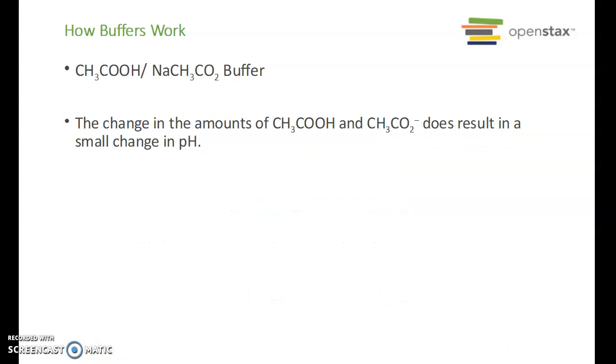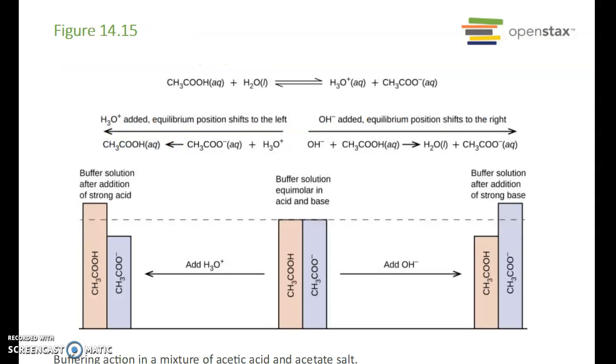Let's continue on to this slide right here. You can see we're starting off in the middle with a buffered solution equimolar in both the acid, acetic acid, and the acetate base. If you were to add a hydronium ion to that buffered solution, in other words a strong acid, you can see that the concentration of the acetic acid increases and there's a proportional decrease of the acetate ion.